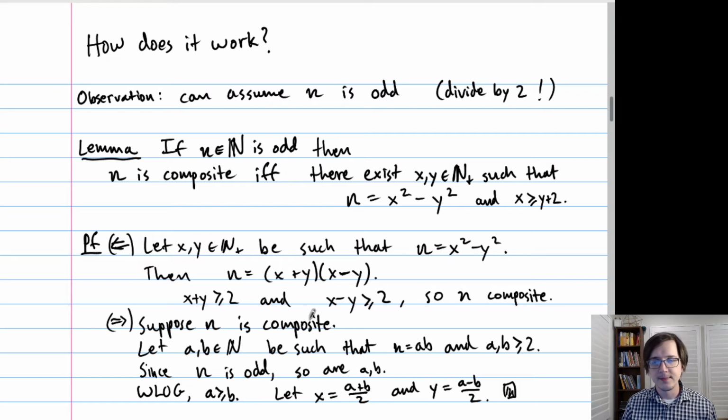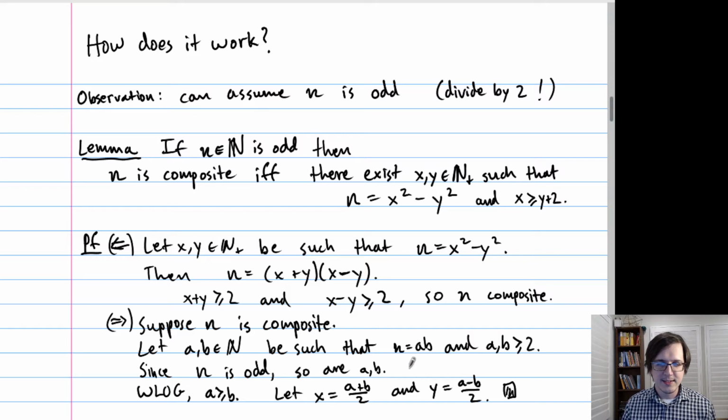So it's composite. Now let's go the other way, assuming n is composite and odd. Let a and b be factors in a factorization; because we assumed it's composite, they exist, and a and b are greater than or equal to 2. Since n is odd, a and b both must be odd because they divide n.